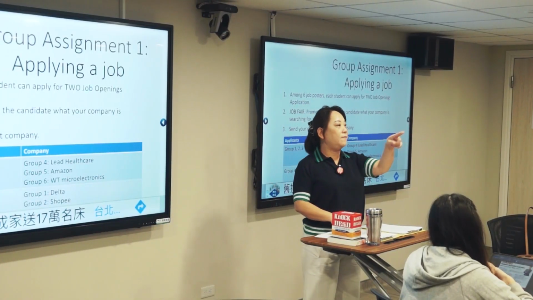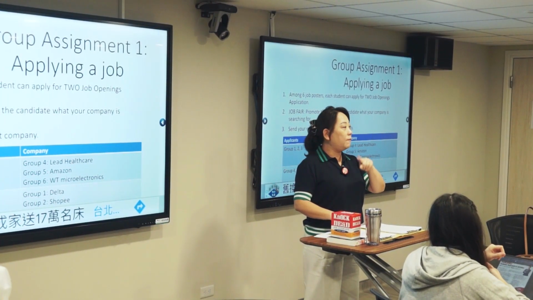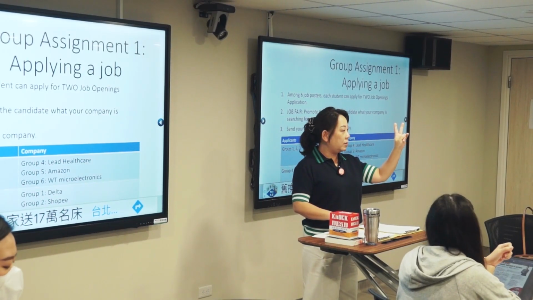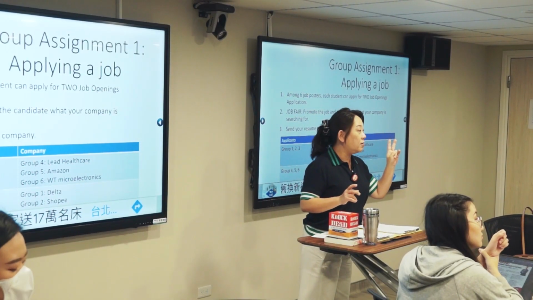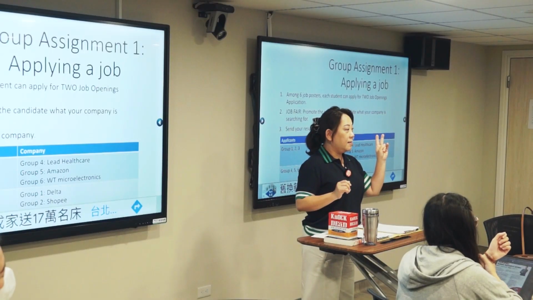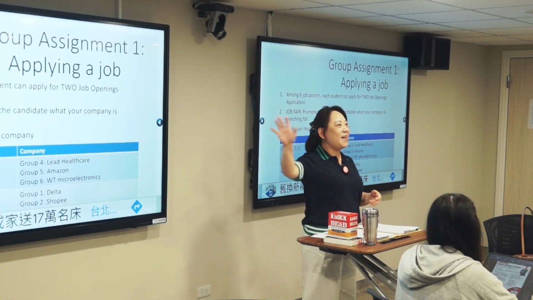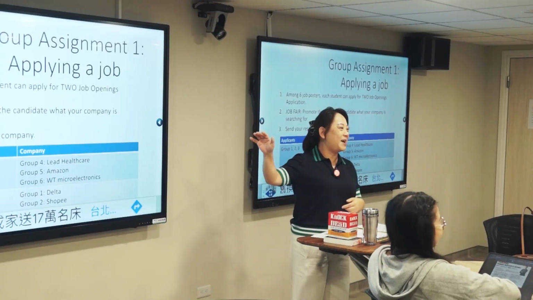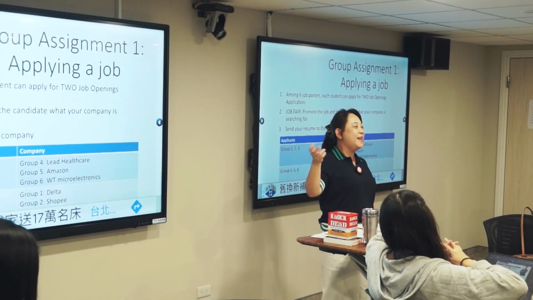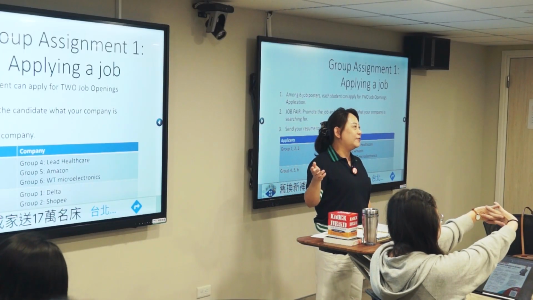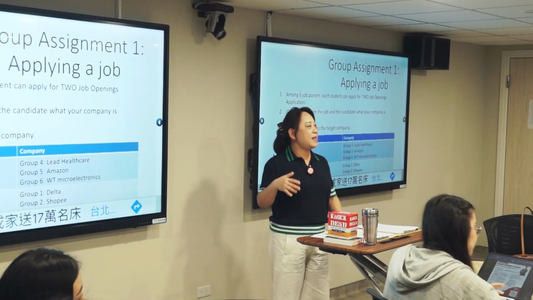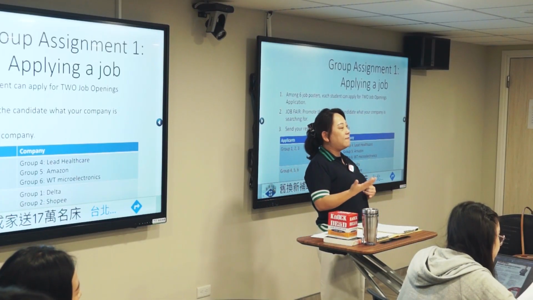That means you have 6 choices, and each of you has 2 choices, but not in your own company. You cannot say, I set up this job in my company, and I will apply for it. So actually, you have 5 to choose the 2 from.